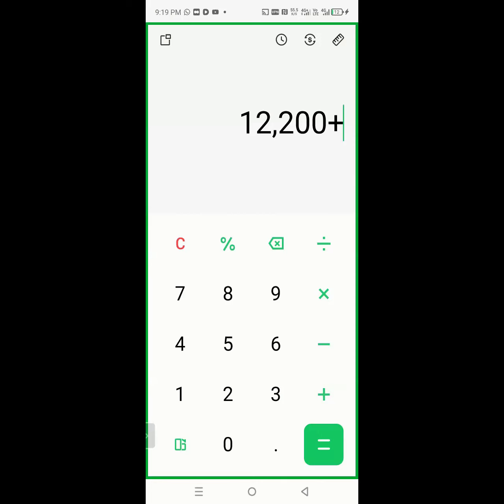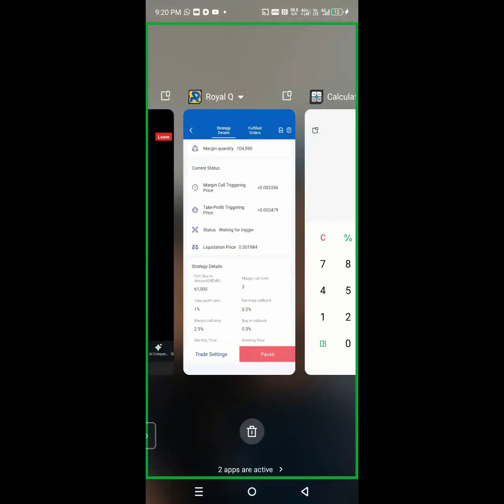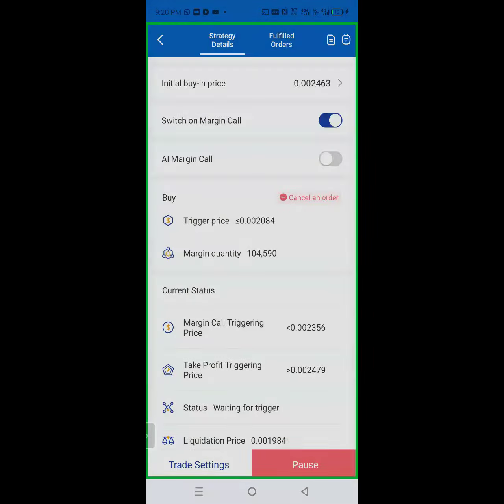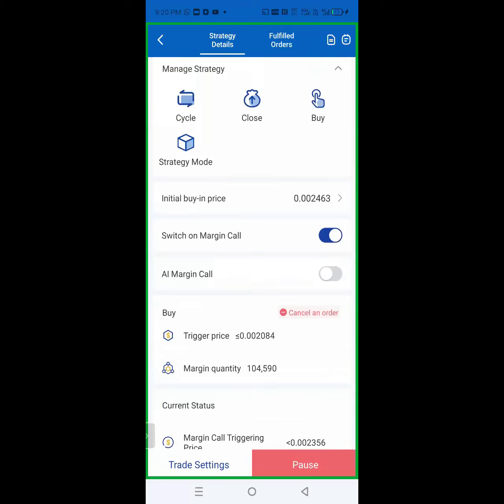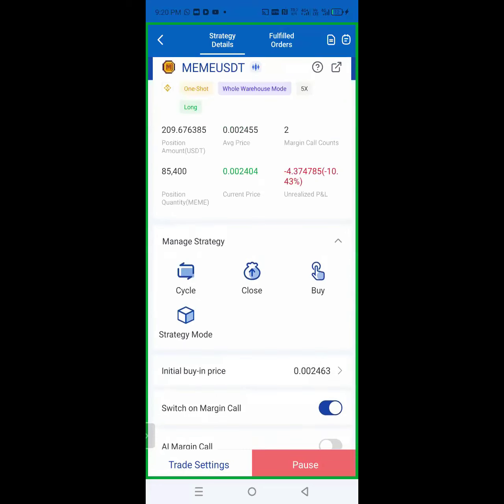Okay, so I now said, since this $6 will give me 12,200, I will now add it to the 85,400 already in the trade. So this will be the total when my third margin call is bought. I now decided to use 104,590, because remember, this coin will get cheaper as the price goes down by 70% or by 60%.